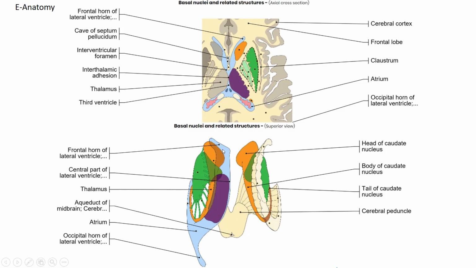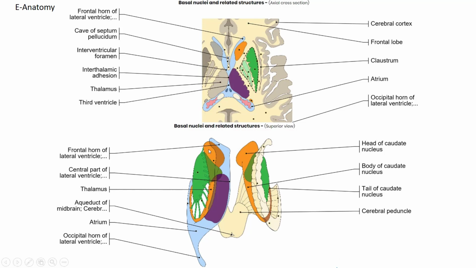So in blue is the lateral ventricle. This is the frontal horn, and then the body, the trigone area, the occipital horn, and then going anterior and forward is the temporal horn of the lateral ventricle. And then in orange is the caudate nucleus, and remember, it follows tightly to that same C shape as the lateral ventricle.